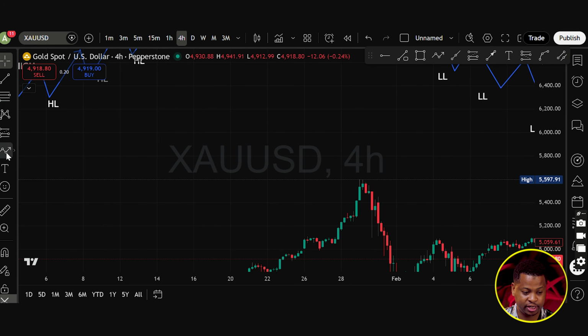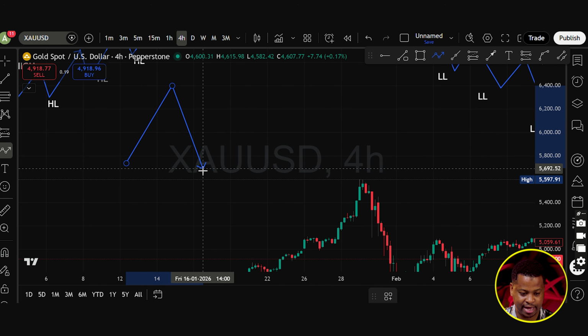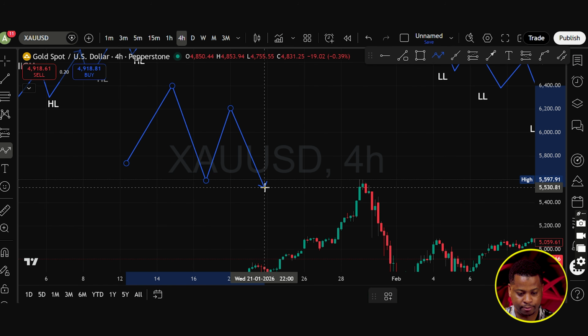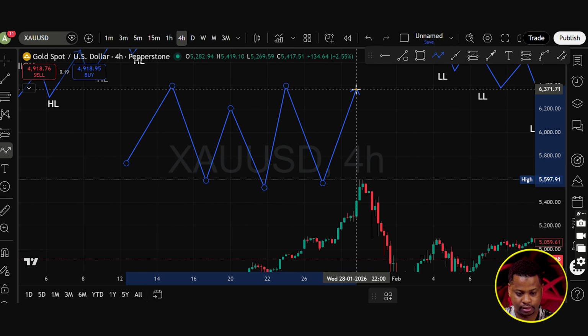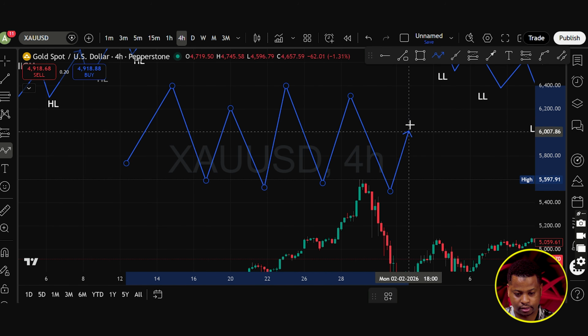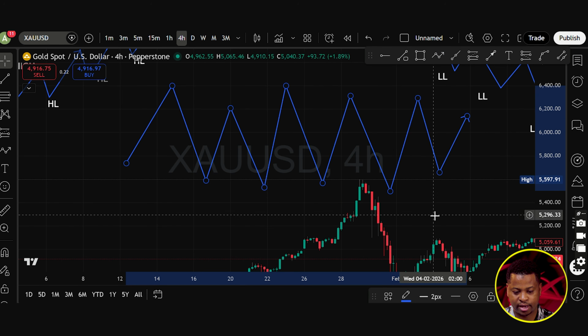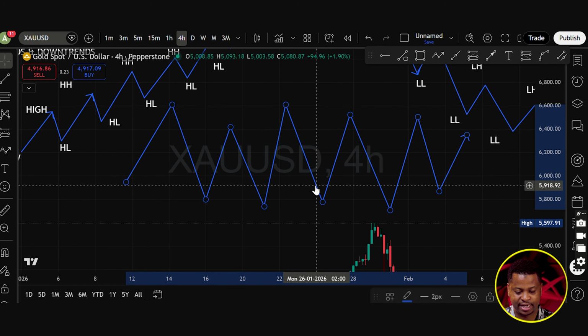So for the consolidation, you're going to realize that the market is neither forming higher highs and higher lows. It is just forming patterns that are not consistent, okay? Something of that sort. And that's why at this point we normally say that the market is ranging.